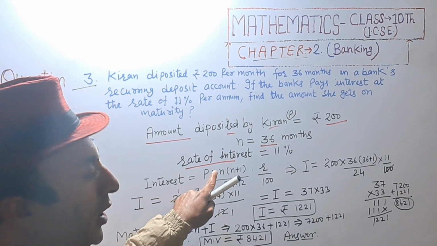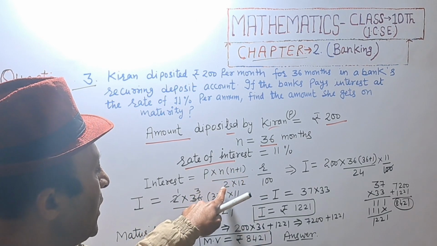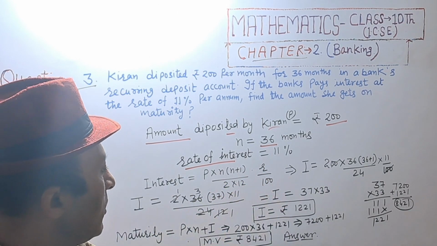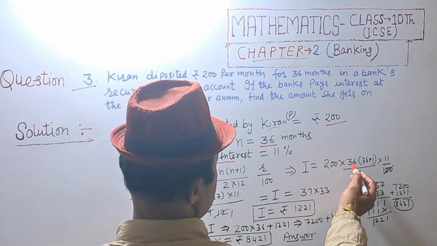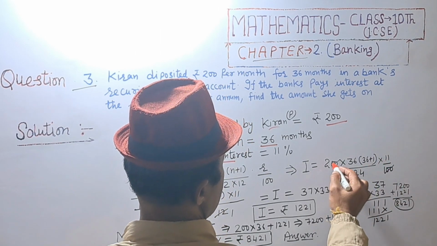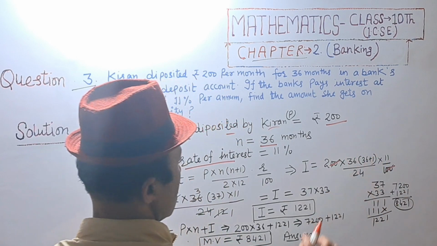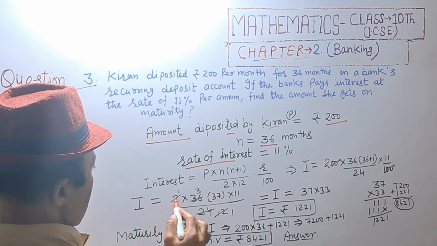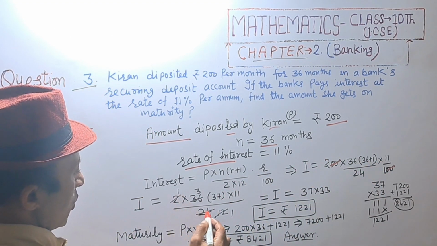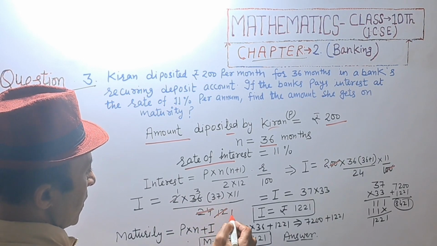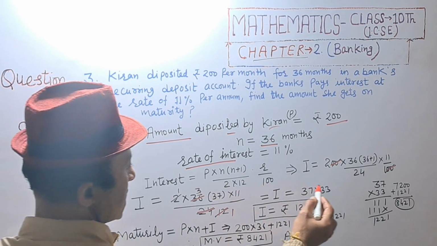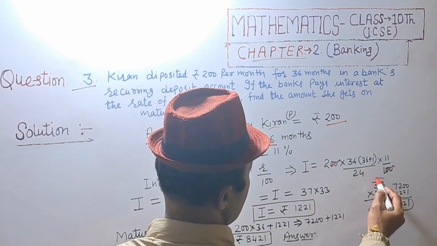Interest is equal to P into N plus 1 divided by 2 into 12 into R upon 100, which implies interest is equal to 200 into 36 plus 1 divided by 24 into 11 upon 100. 0 is cancelled, and we get interest equal to 2 into 36 into 37 into 11 divided by 24. 2 1s are 2, 2 12s are 24, 12 1s are 12, 12 3s are 36, and 3 into 11, that is 33. Interest is equal to 37 into 33.